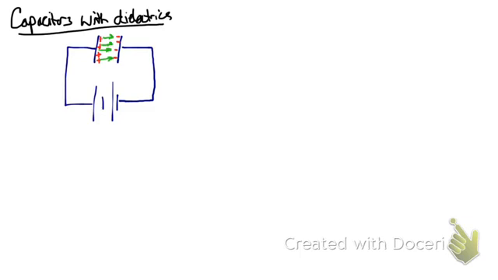Now, imagine what would happen. In fact, this is one of the purposes for what's called a dielectric. A dielectric is essentially gunk. We need to keep the plates separate from each other.